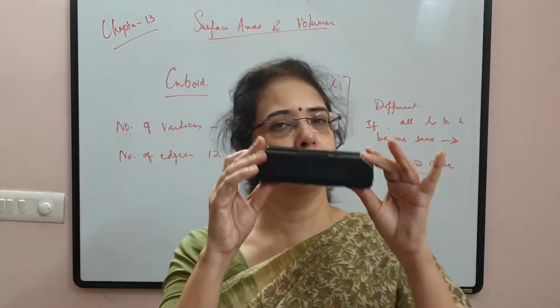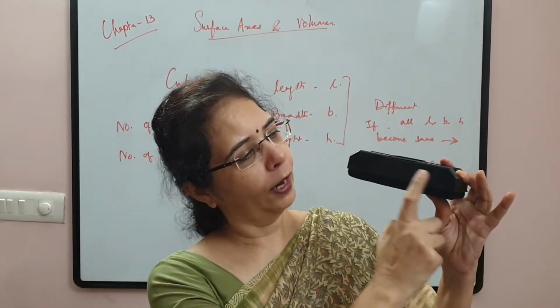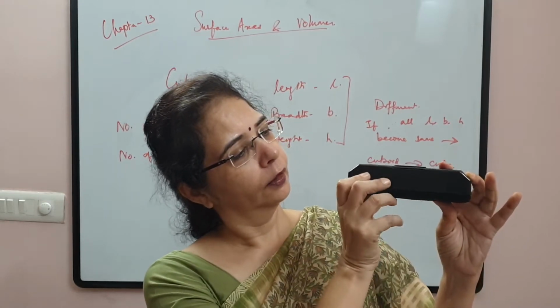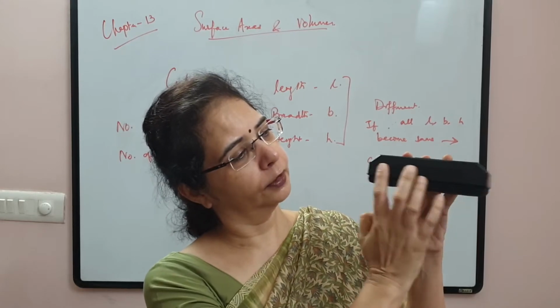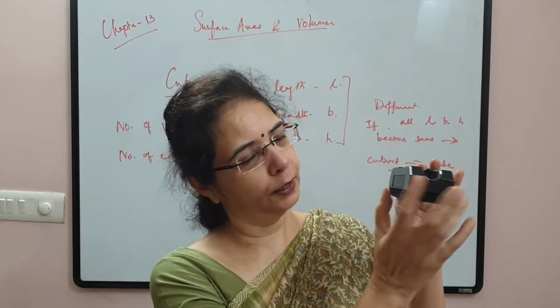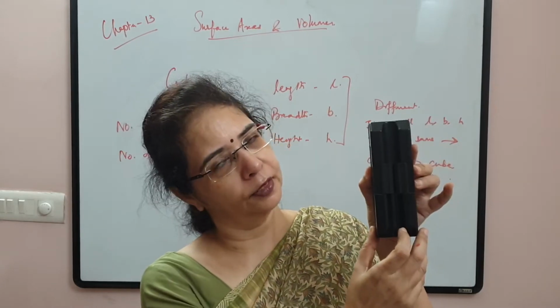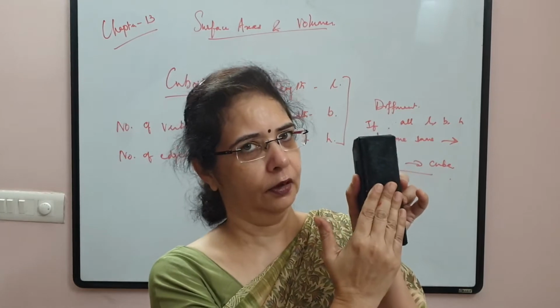How many surfaces does this cuboid have? 1. This is one surface. 2, second surface. 3, 4. These are the 4 surfaces like this. Now children, this is another surface, 5th. This is another surface, 6th. Alright.